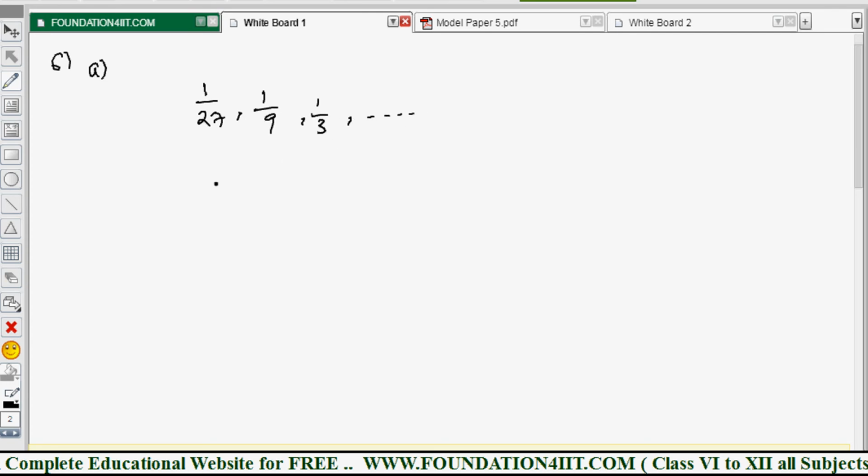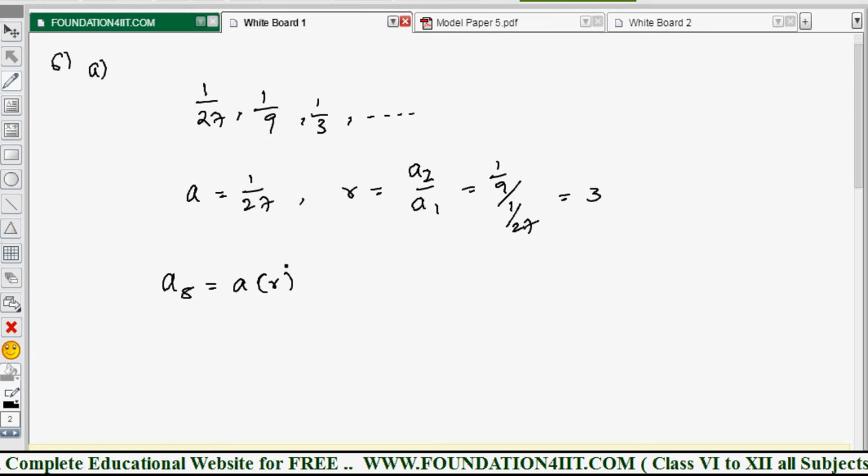Here A is equal to the first term, that is 1 by 27, and R is the common ratio, the second term divided by the first, that is A2 by A1, 1 by 9 by 1 by 27, which is 1 by 9 into 27 by 1, so 3. So the common ratio is 3 and the first term is 1 by 27. Now the 8th term is the end, A8. You know the formula A into R to the power n minus 1, that is R power 7.